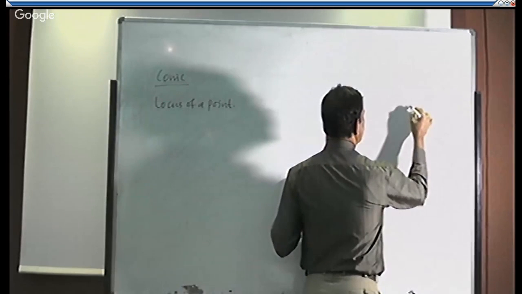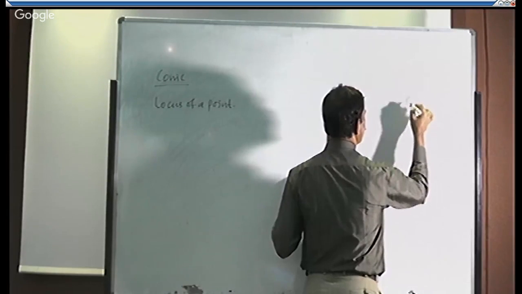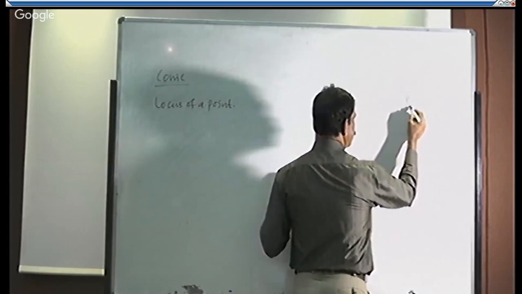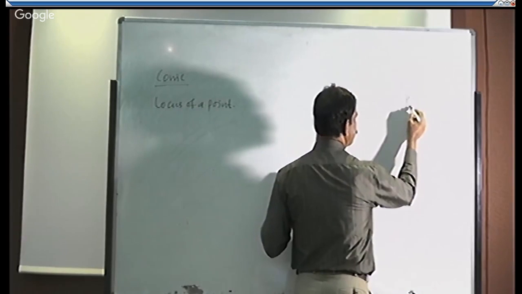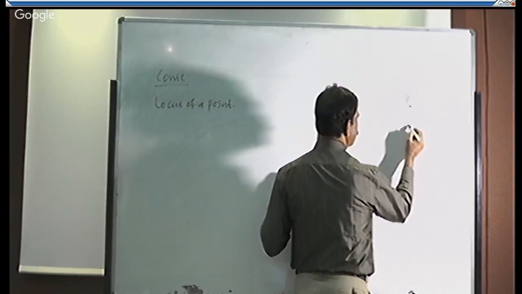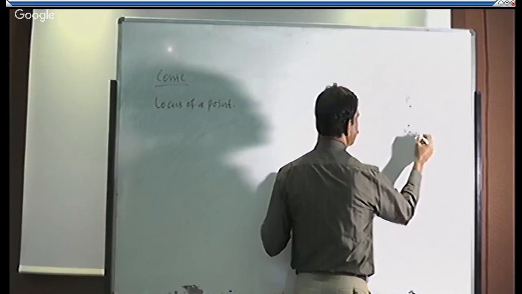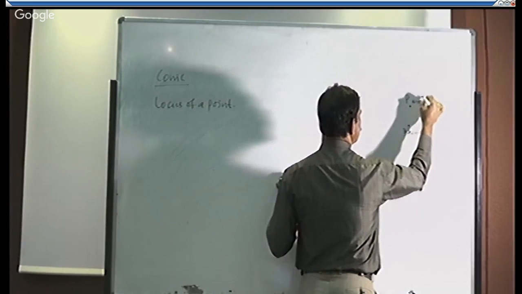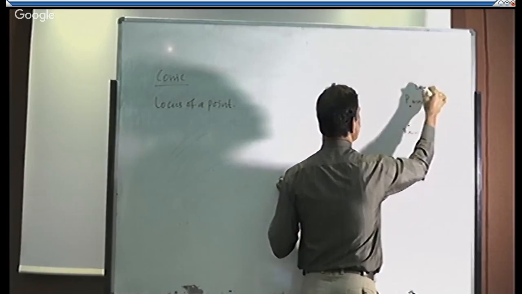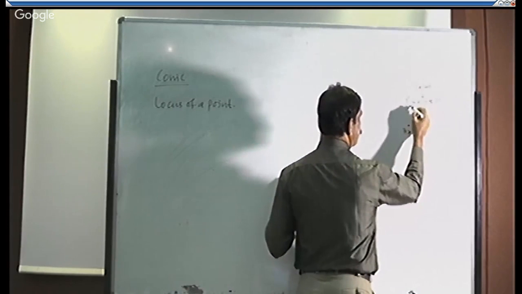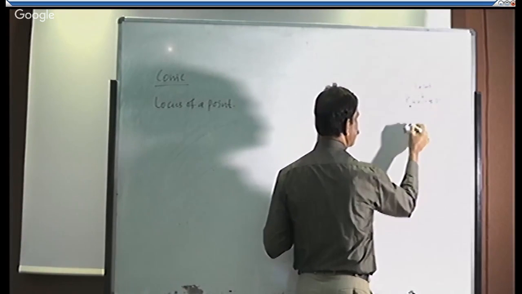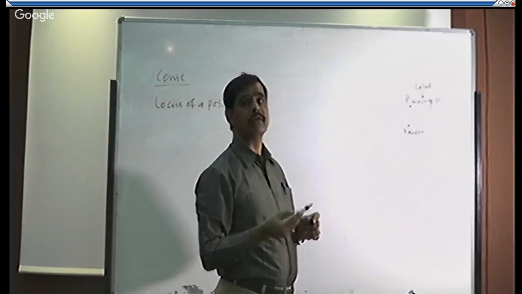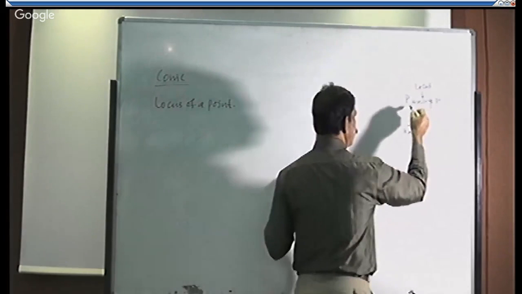Take a point. This is point P, which is a moving point. If this moving point moves such that its distance from a fixed point is always constant, then how does it move?